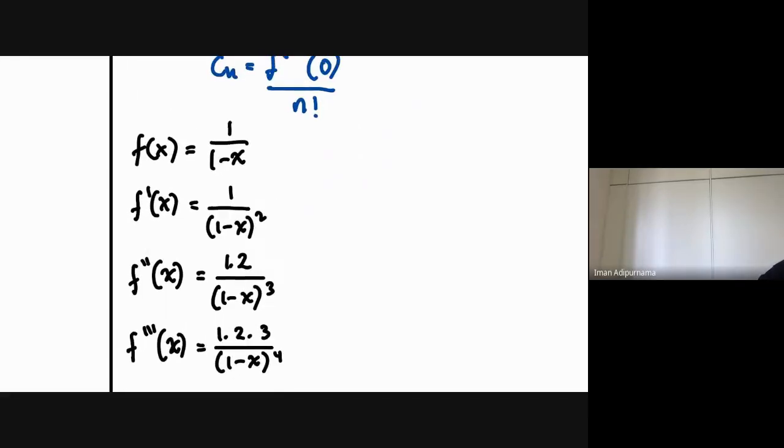Then check the value at x equals 0. So this will be 1, this will also be 1, and this will be 2.